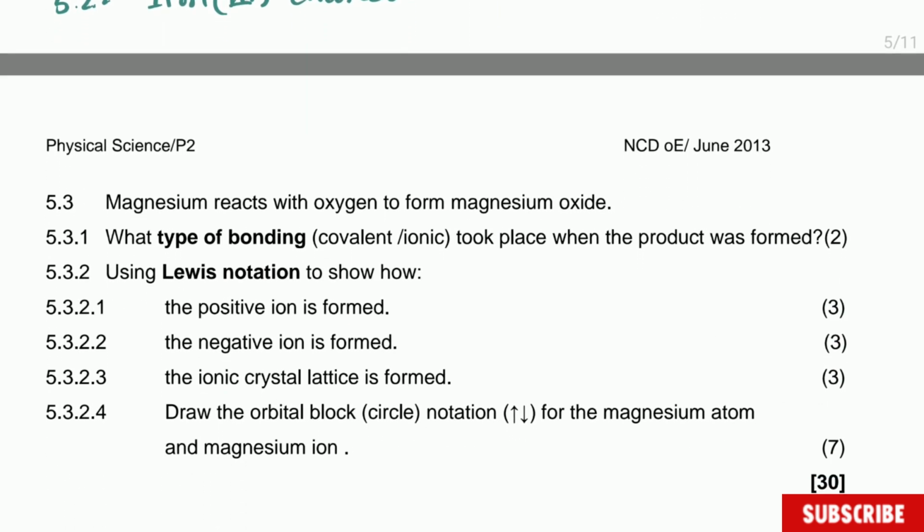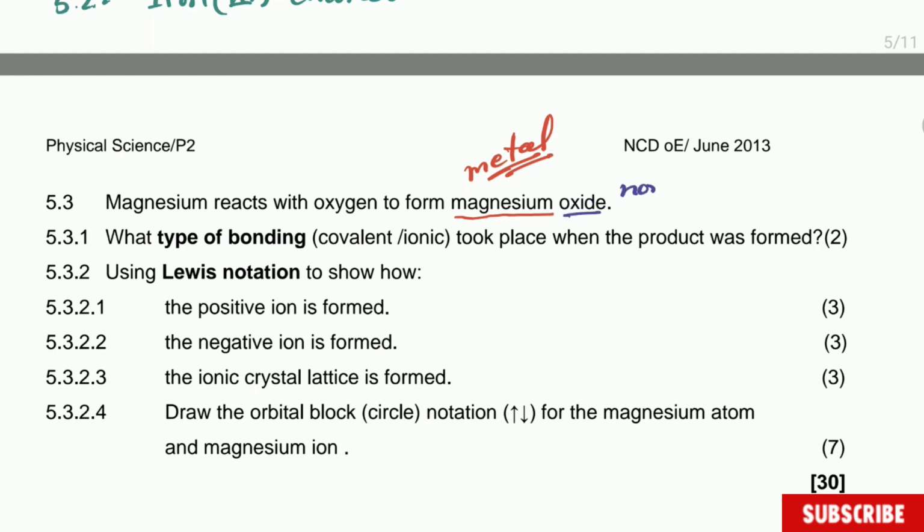Now question 5.3. Magnesium reacts with oxygen to form magnesium oxide. What type of bonding, covalent or ionic, took place when the product was formed? Now, this is magnesium and oxygen. Magnesium is a metal and oxygen is a non-metal.